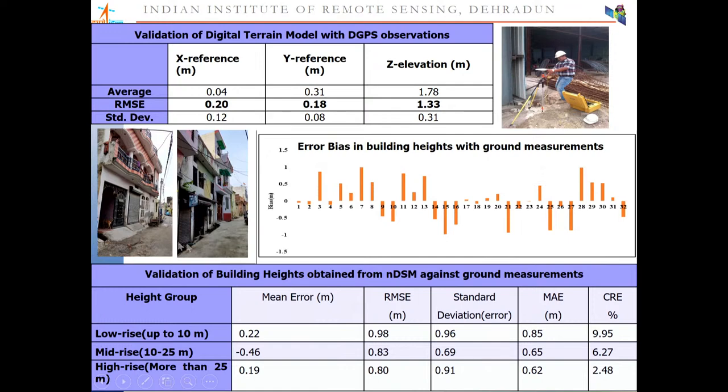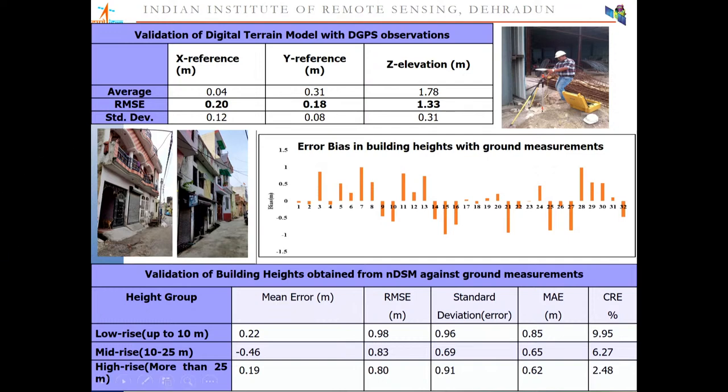And when we computed the building height layer, ground measurements were collected from distributed ground points using a Leica distometer. It is a laser distance meter instrument that works on the principle of laser, and here we can measure the building height from the ground.